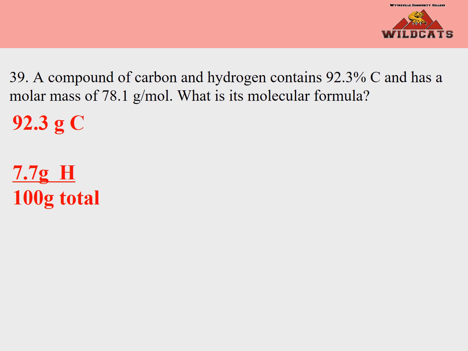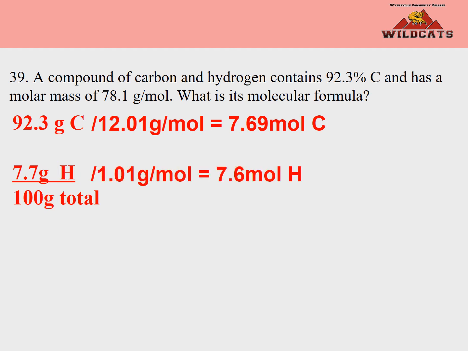So 92.3 from 100 gives us 7.7, and that's where I got the mass of the hydrogen from. Divide each of these by their respective molar masses, and I end up with 7.69 and 7.6 moles of carbon and hydrogen respectively. And eyeballing these, you probably realize that it's a 1-to-1 ratio.